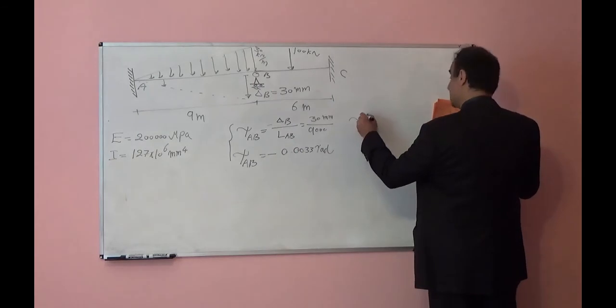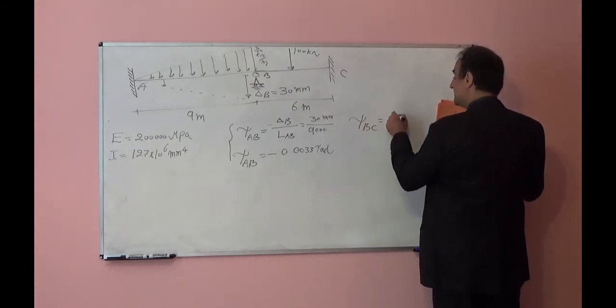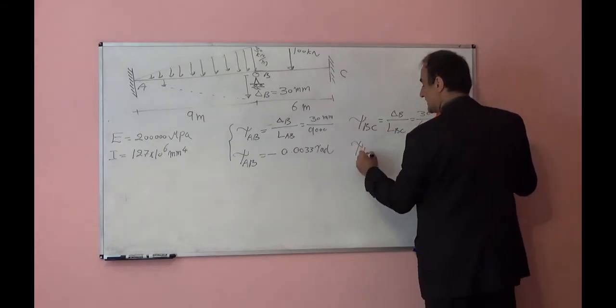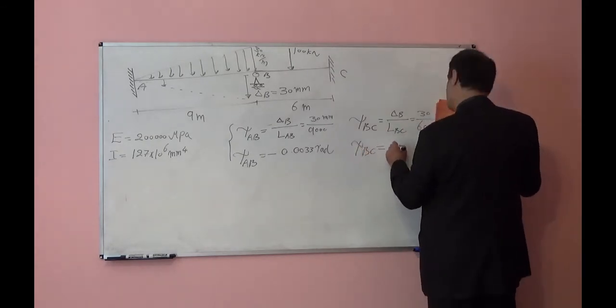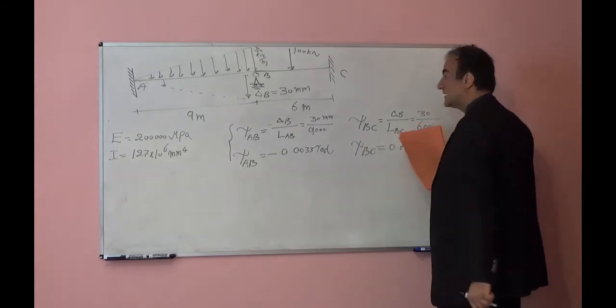How about psi BC? Psi BC will be delta B over L BC. That will be 30 divided by 6,000, so psi BC will be 0.005 radian. Why is this one positive?